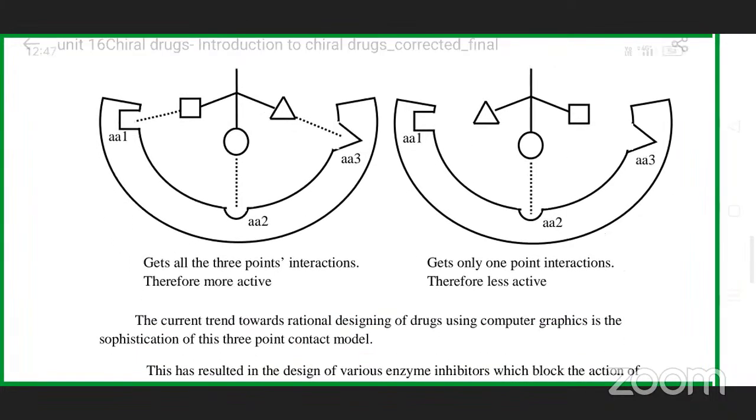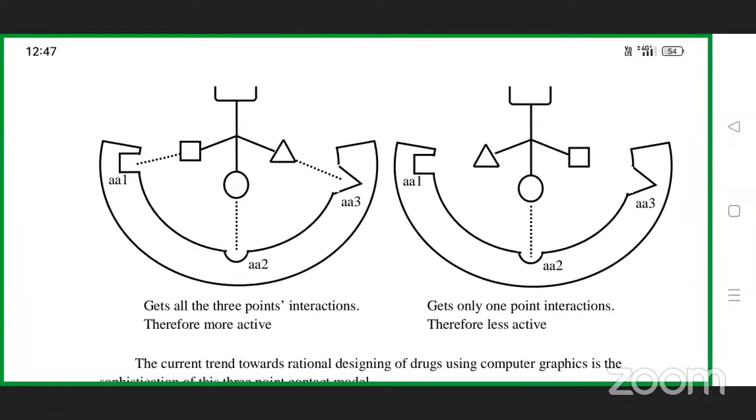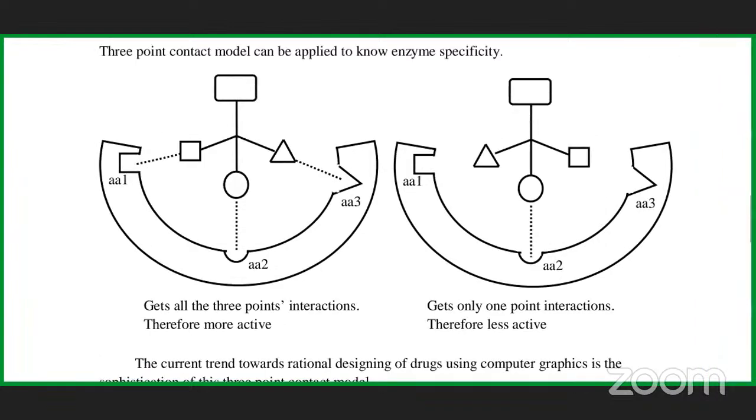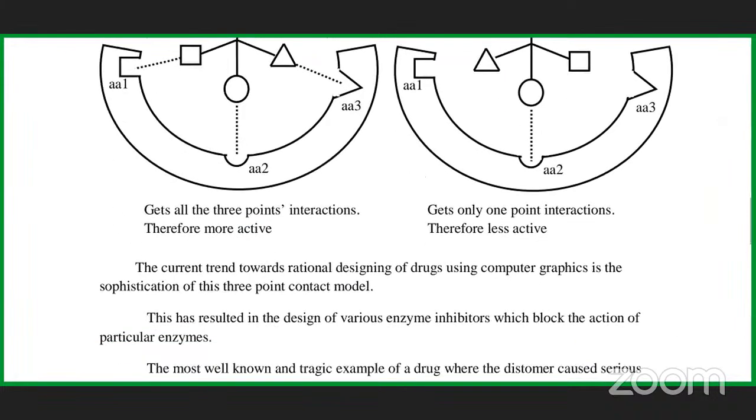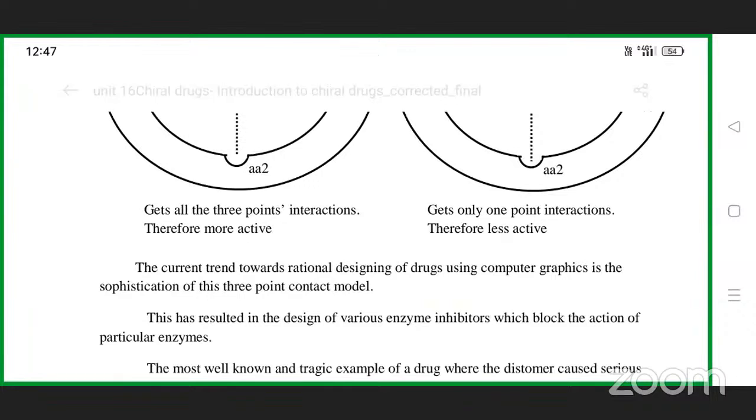So you can see the difference; both isomers can be discriminated with this criterion. This is called the 3-point contact model.